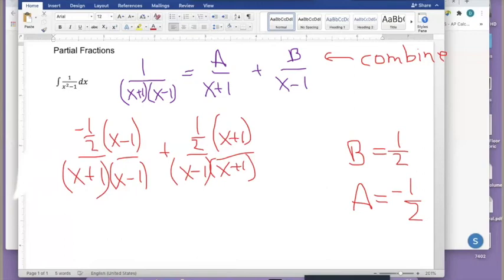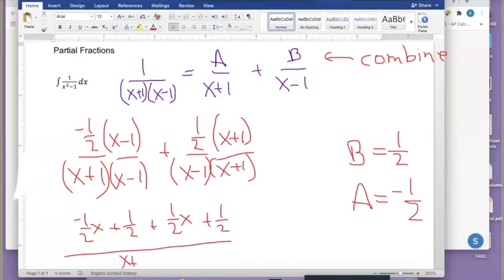Notice in our numerator, we've now got -1/2 x plus 1/2 plus 1/2 x plus 1/2, and in the denominator, we've got x plus 1 times x minus 1. Simplifying the numerator, notice that this -1/2 x and that positive 1/2 x cancel out.